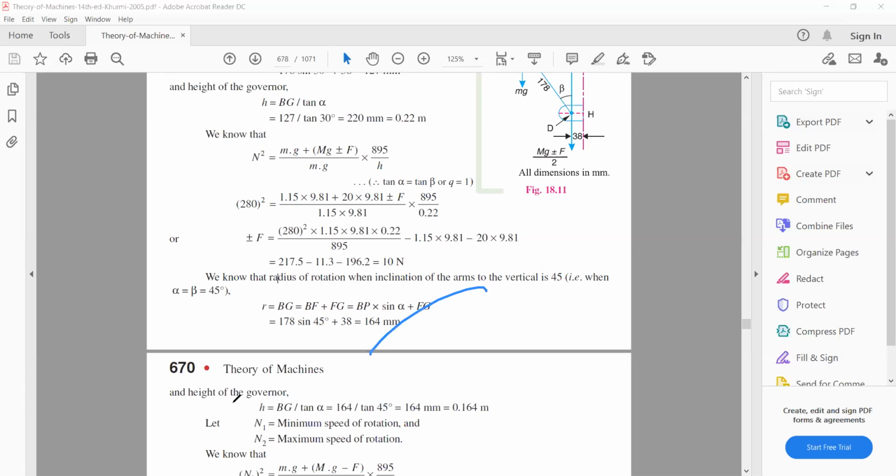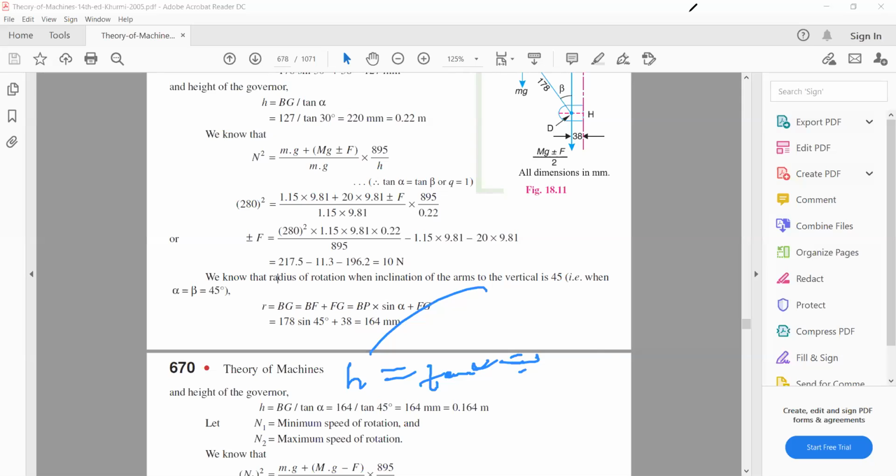Now again we find the height of the governor. H equals BG by tan alpha, or tan alpha equals BG by H. The alpha value will be replaced here with 45 degrees.